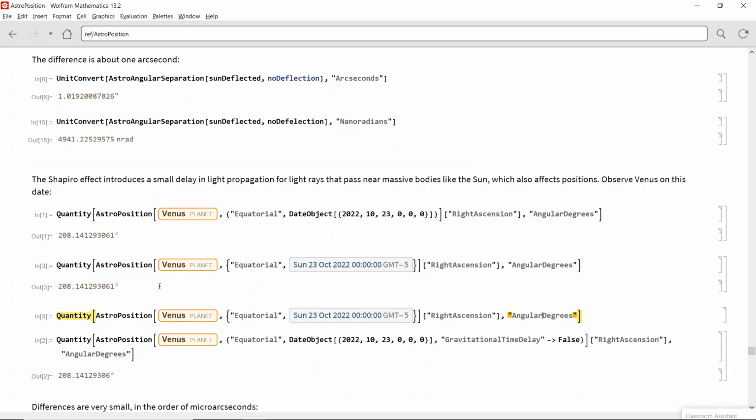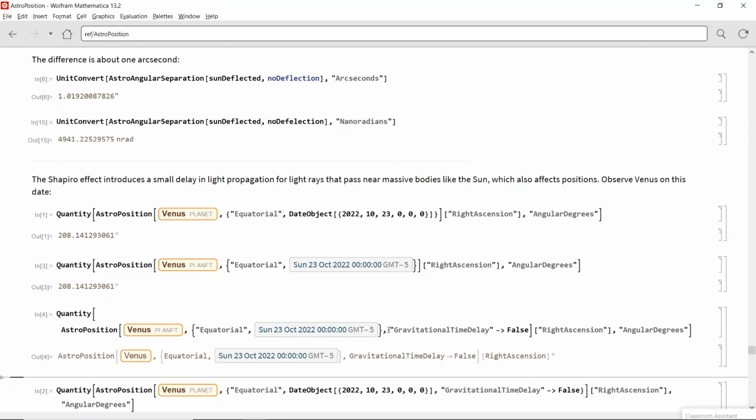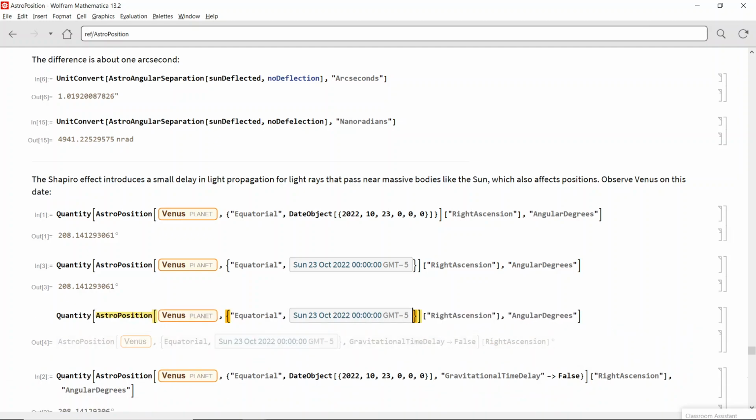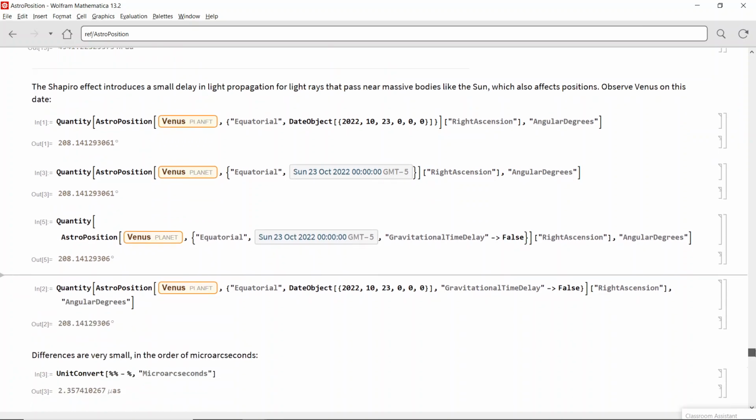Then if we run this again and we do gravitational time delay false, we get 208.141293066. Differences are very small, in the order of micro arc seconds.